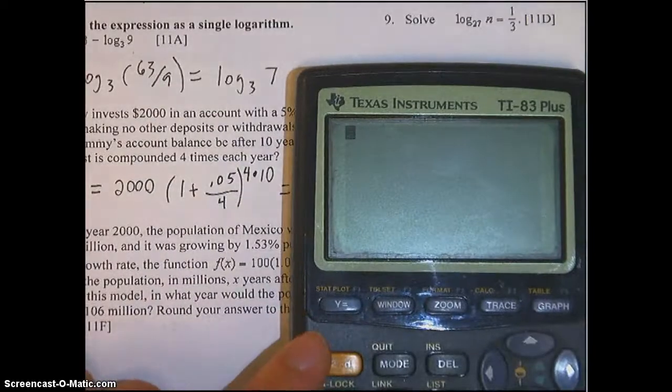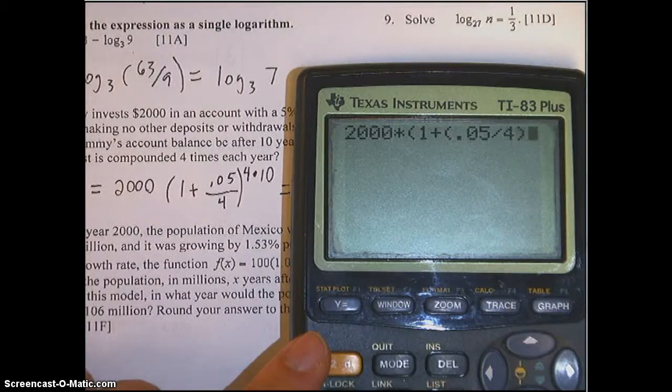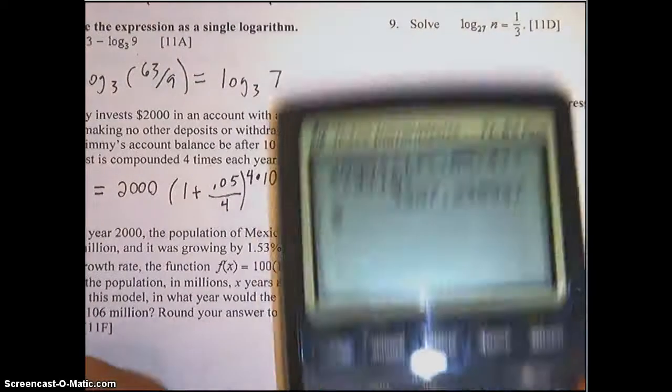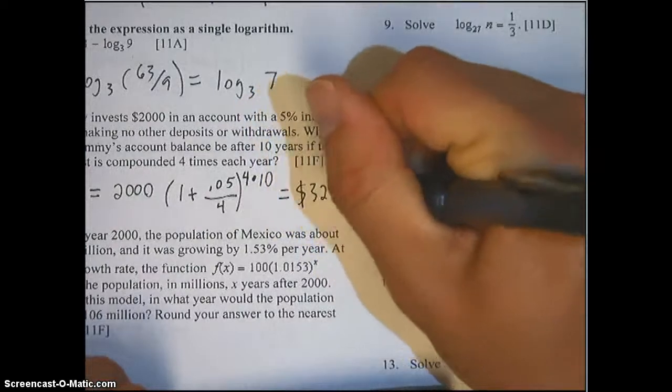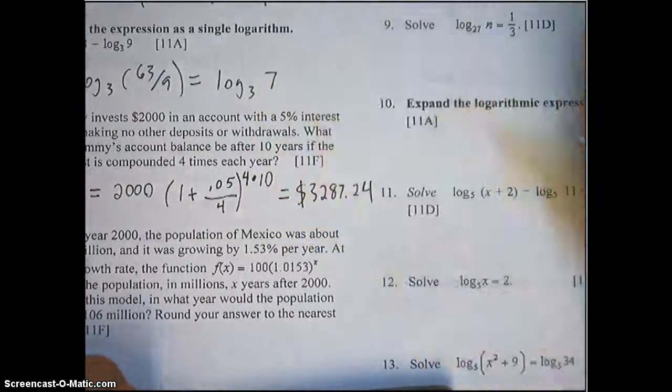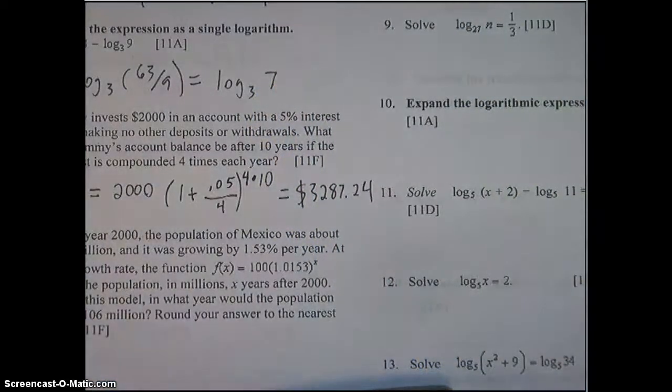Let's see, 2,000 times 1 plus 0.05 divided by 4, close the parentheses, to the power of 4 times 10. And when I do that, I get about $3,287.24.